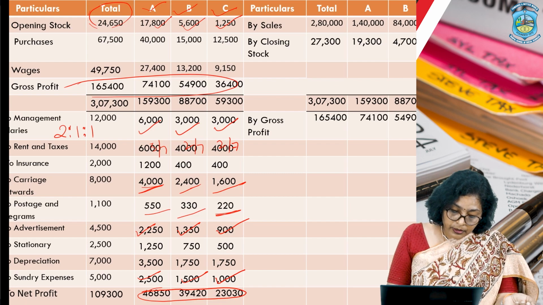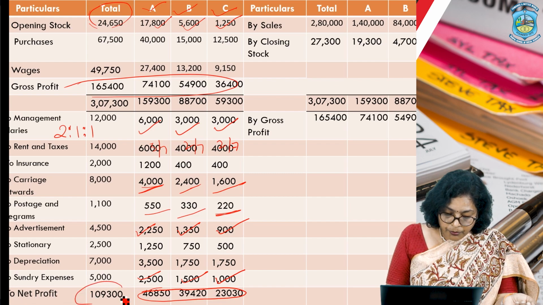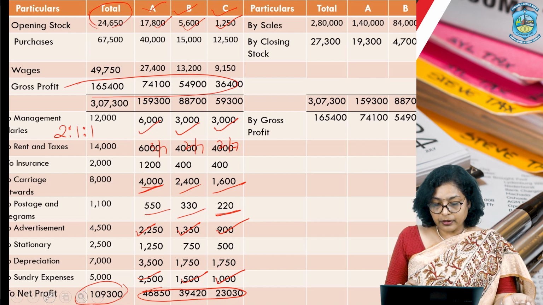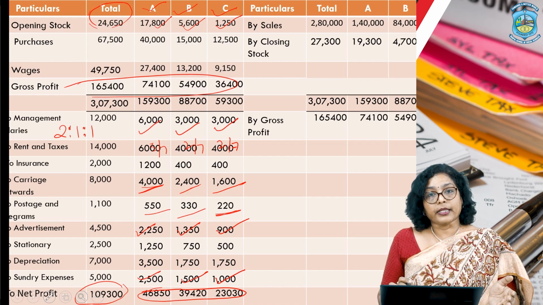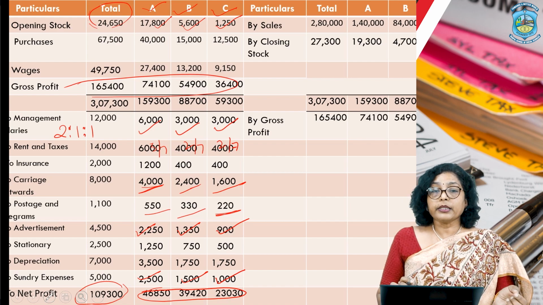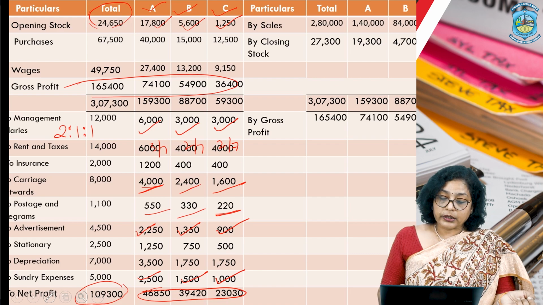And for the organization as a whole, the net profit is 1,09,300. So the information is provided to us departmentally as well as for the organization as a whole.